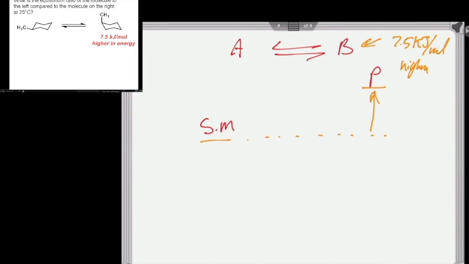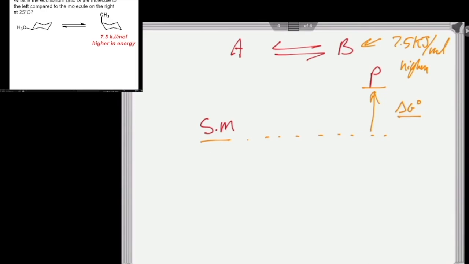Of the things we just discussed, delta G naught. Yeah, this is a numerical value saying starting material to product. This is delta G naught. It is the change in energy from starting material to product. And we just said it's 7.5 kilojoules higher in energy.